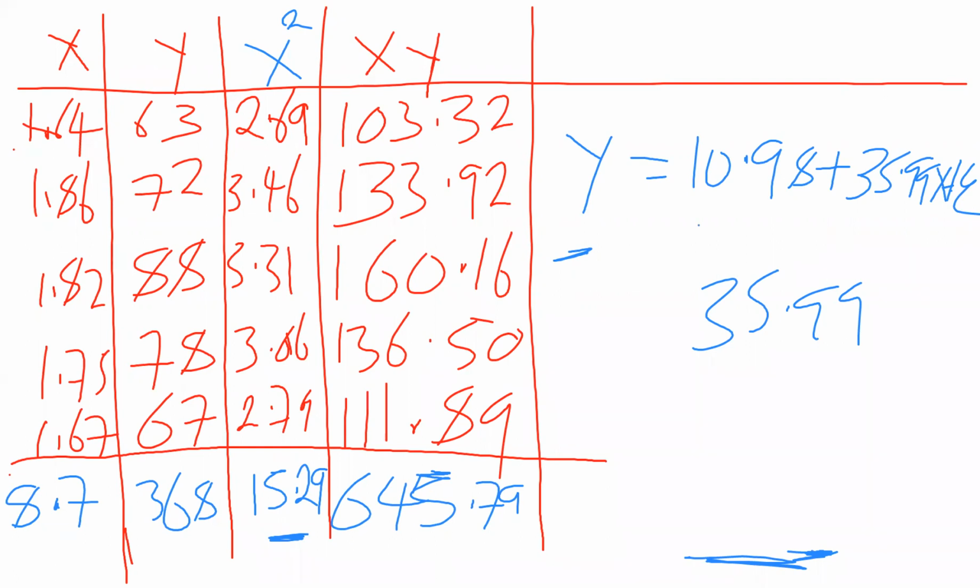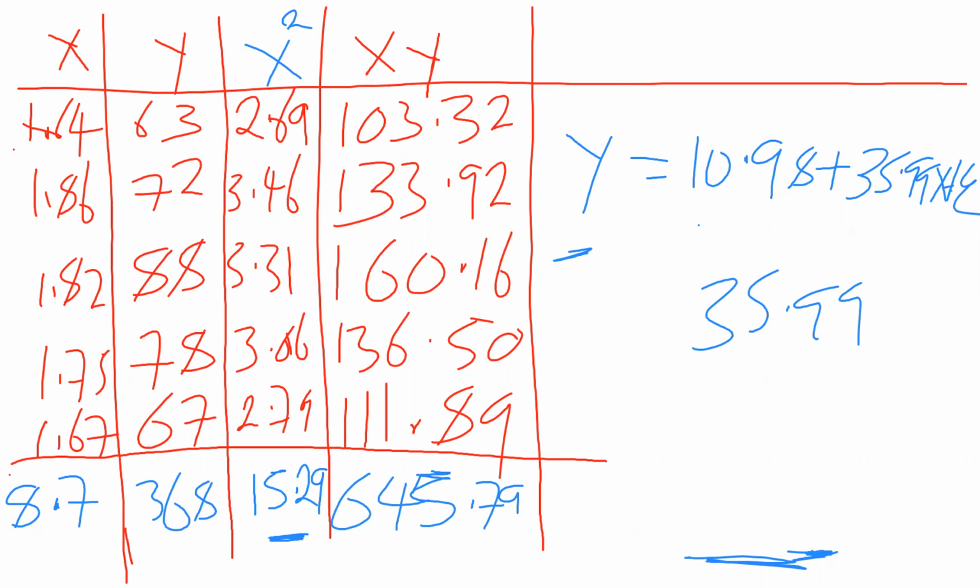So beta naught is the change in y when x is 0, that is, the weight when the height is 0.